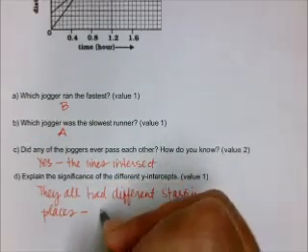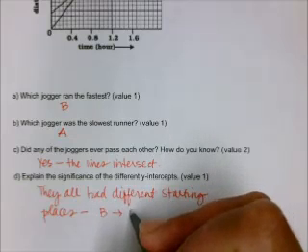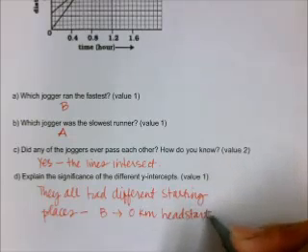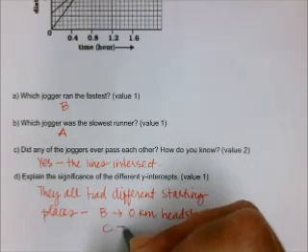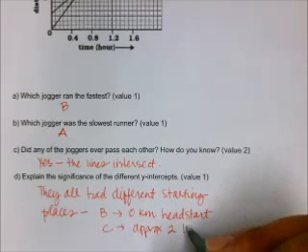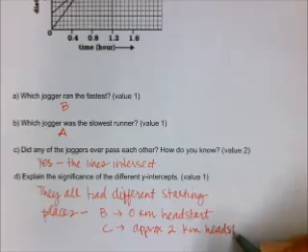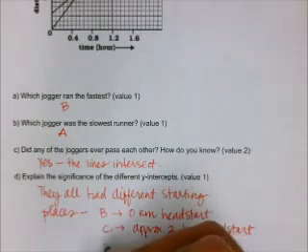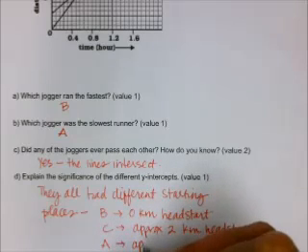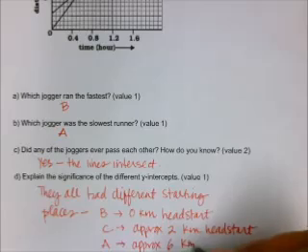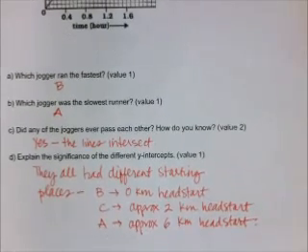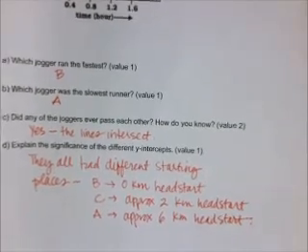Let's say Jogger B, 0 kilometer head start. Jogger C, approximately 2 kilometer head start. So he's that much closer to the finish line, excuse me. And then Jogger A has approximately 6 kilometer head start. Does that make sense? Okay.